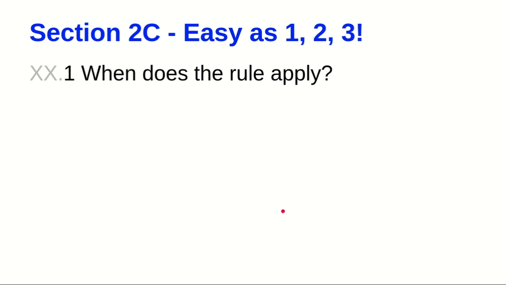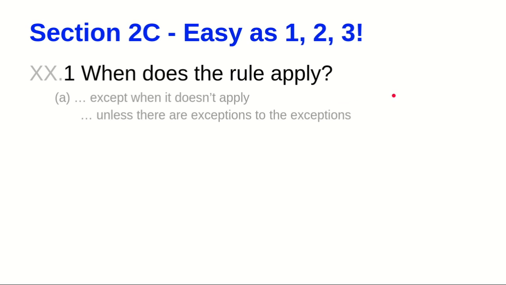Okay, all these rules are as easy as 1, 2, 3 because they all have the same general format and the same way that these rules work. Rules 18, 19 and 20 all have a part 1 which explains when the rule does apply. It'll then have a couple of exceptions when the rule doesn't apply, and there'll be exceptions to the exceptions.